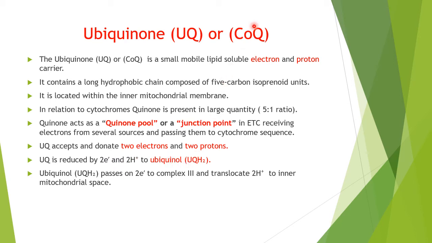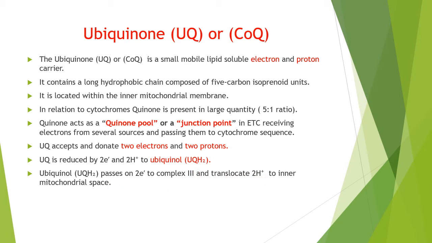So coenzyme Q, or ubiquinol, is reduced by accepting 2 electrons and 2 protons. Then this reduced ubiquinone passes 2 electrons on to complex third, bypassing the second complex, which is not involved here, and translocates 2 protons to the intermembrane space.